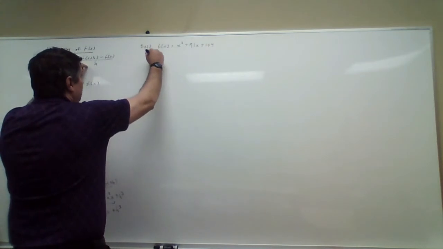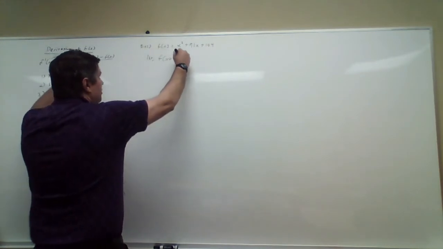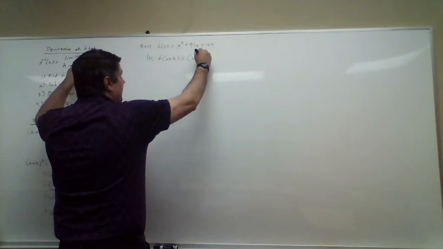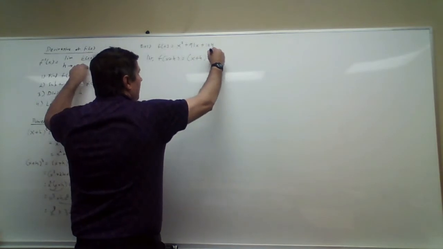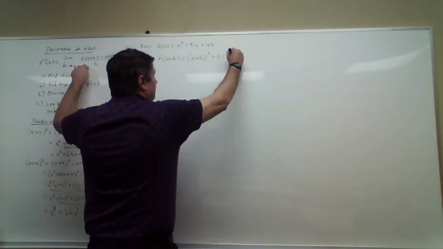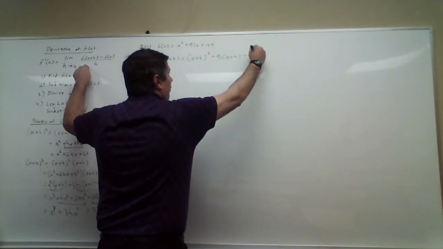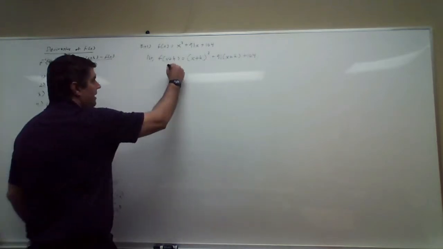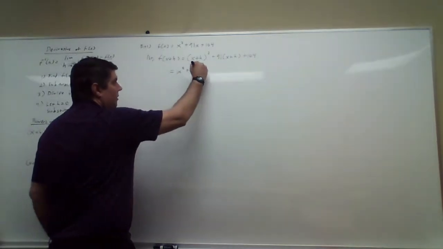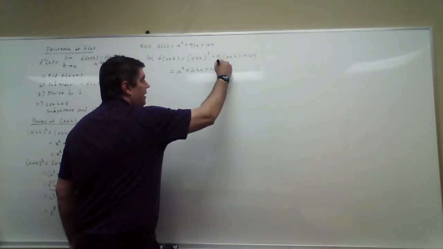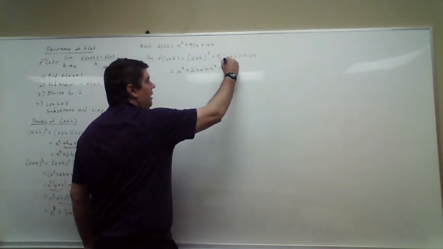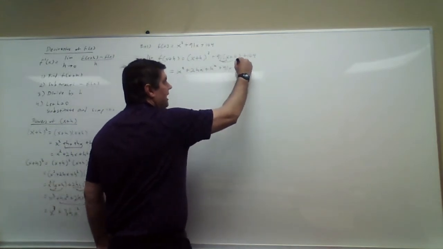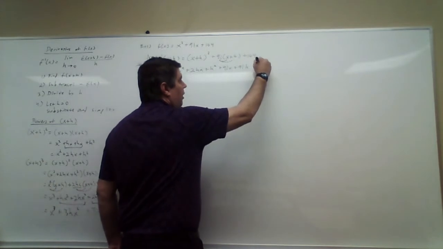So first, f of x plus h would equal x plus h squared plus 91 times x plus h plus 104. We just had this discussion regarding what x plus h squared is. So that's going to be x squared plus 2hx plus h squared plus 91x plus 91h plus 104.